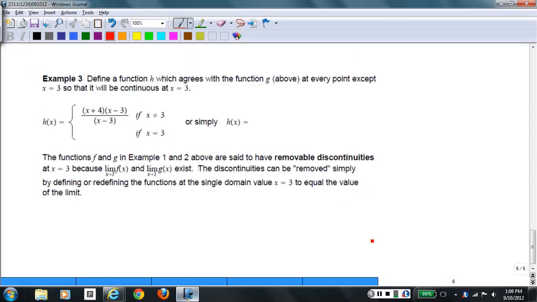Example 3, it was not good to define the function to equal 5 at 3 because the limit was equal to 7 as x approaches 3. So it would be better if we define f of 3 to equal 7. So there we go, just like that.